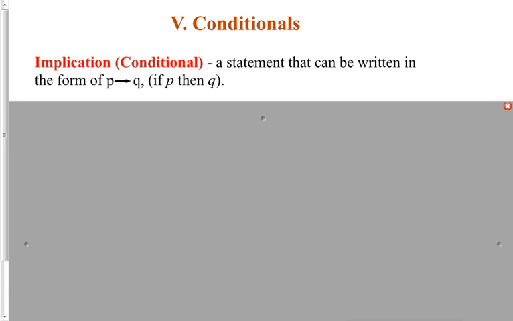If blah blah blah, then blah blah blah. Right? They're called implications because you are implying that if one thing happens, then the next thing will happen. They're also called conditional statements because you are setting a condition for something to happen. If this condition is true, then this will happen.